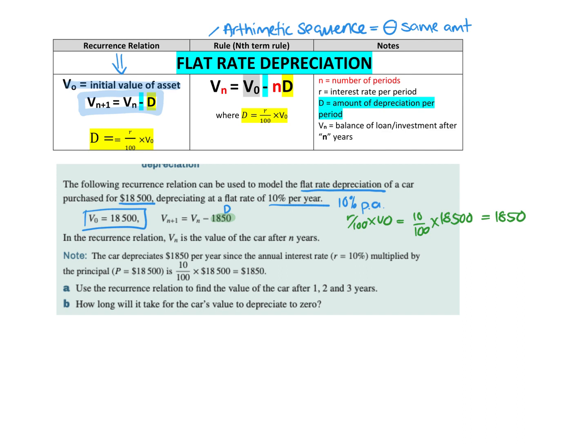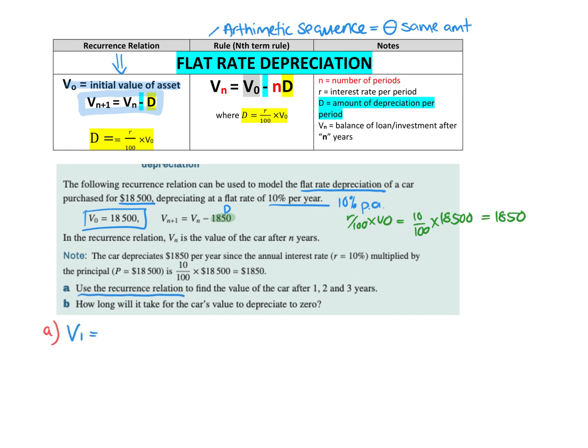1,850, okay? So then the question asks us to use this recurrence relation to find the value of the car after V1, 2 and 3 years. So remember what I said the other day, when they're saying use the recurrence relation, it means I have to show it.